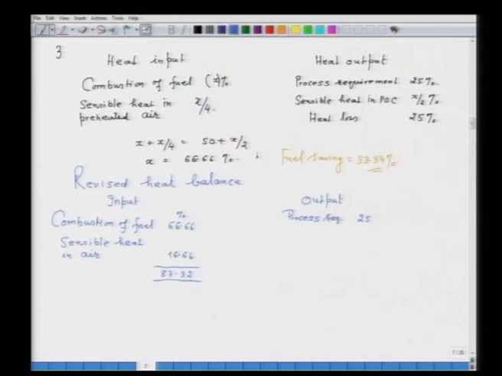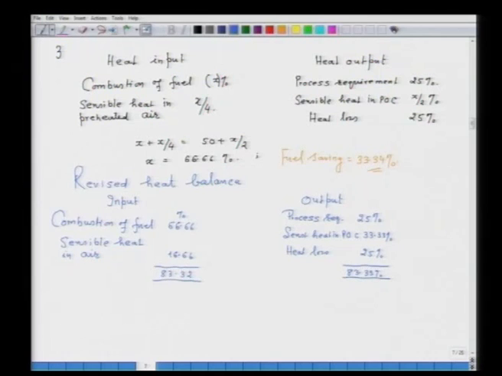Now, heat output: the process requirement says 25%, sensible heat in POC is 33.33%, and heat loss is equal to 25%, again it makes 83.33%.